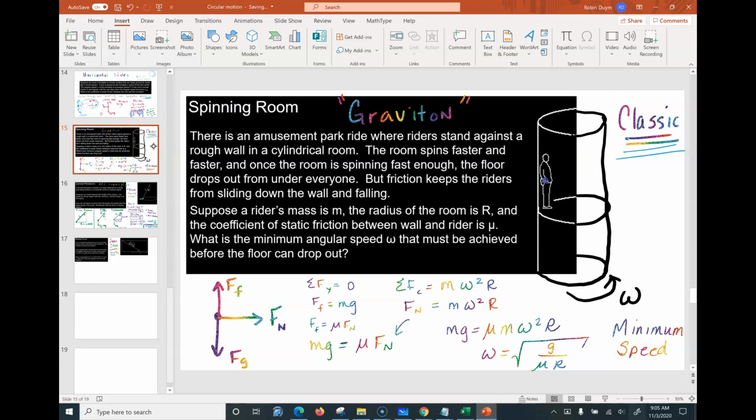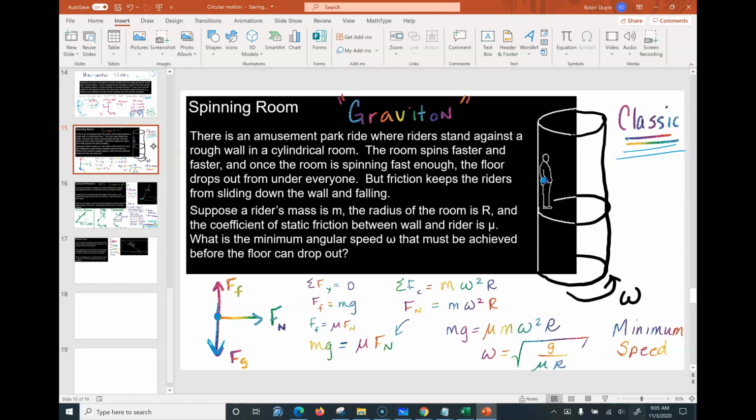Same idea. The only thing is it's a little weird, because here's your person. The one force that's easy to identify is your gravitational force. That's the weight of the person. And what's opposing it, like normally you would want to slip down the wall.